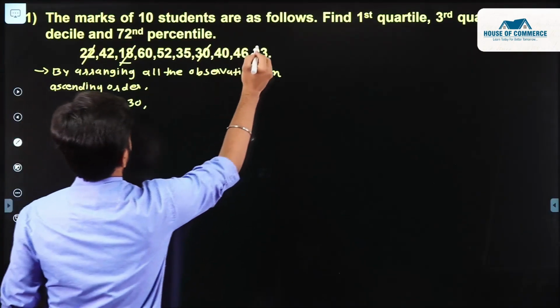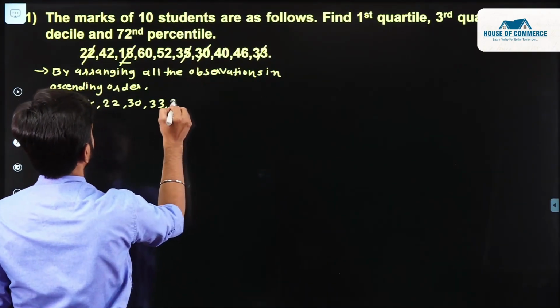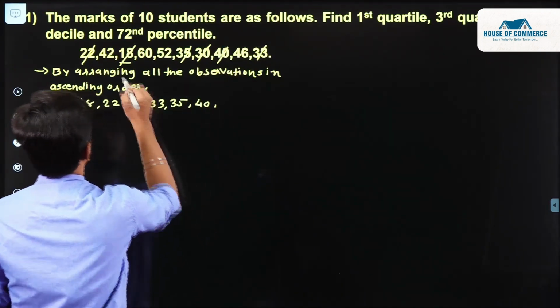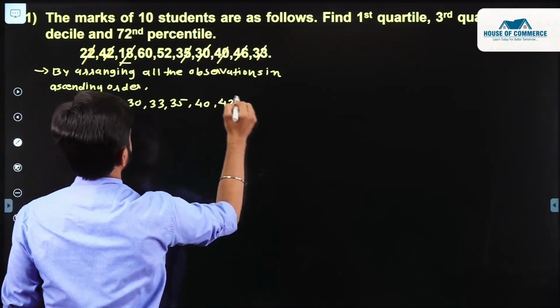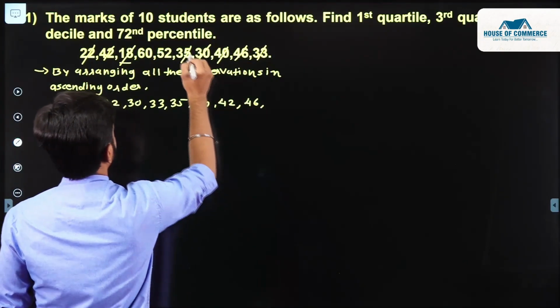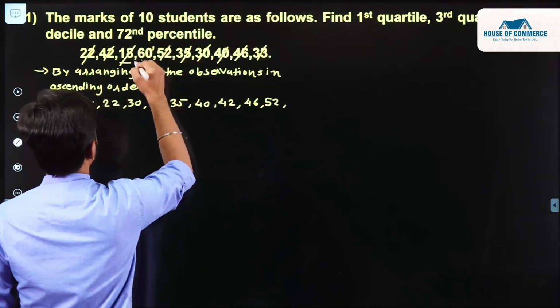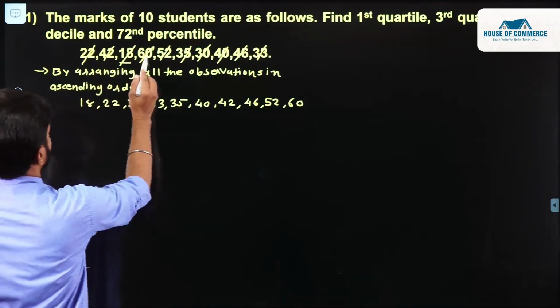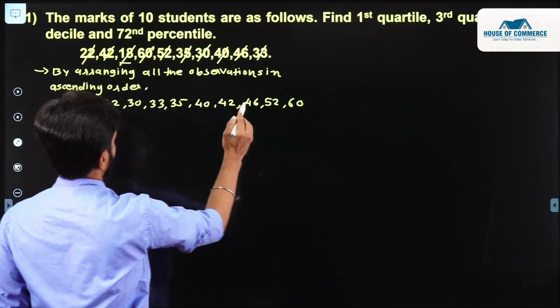Then 33, then 35, then 40, then 42, 46, 52, and the last one, which is 60. So how many observations are here? 1, 2, 3, 4, 5, 6, 7, 8, 9 and 10.